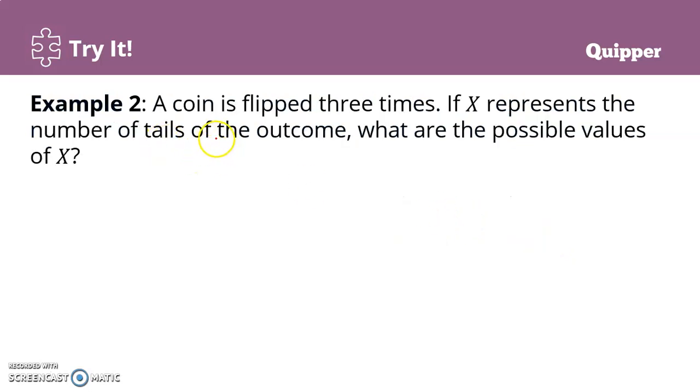Another example, a coin is flipped 3 times. Coin is flipped 3 times. Tatlong beses. So if X represents the number of tails of the outcome, what are the possible values of X? Okay, tandaan natin na number of tails.